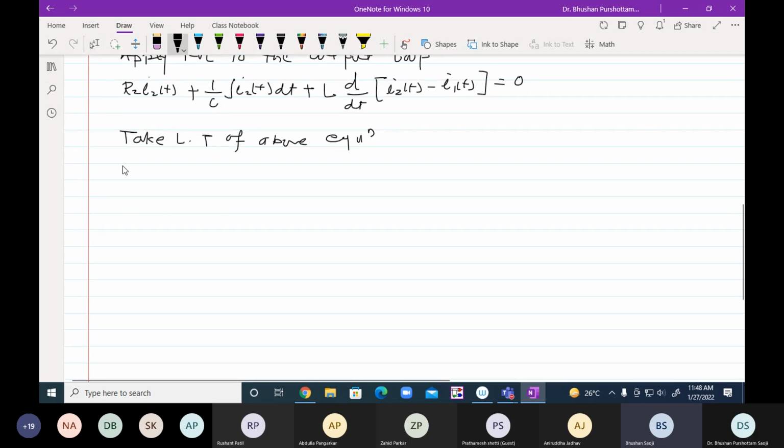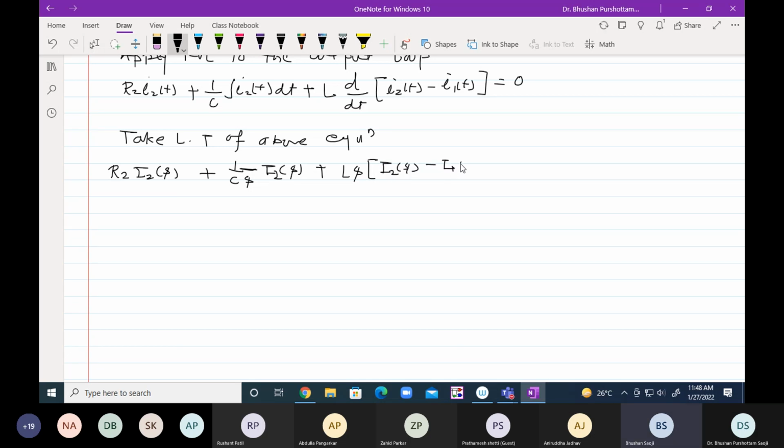We have R2, constant, times I2 of S, plus 1 by C, which is constant, and integration becomes 1 by S multiplied by I2 of S, plus L as it is, d by dt is S, times I2 of S minus I1 of S, equals 0.